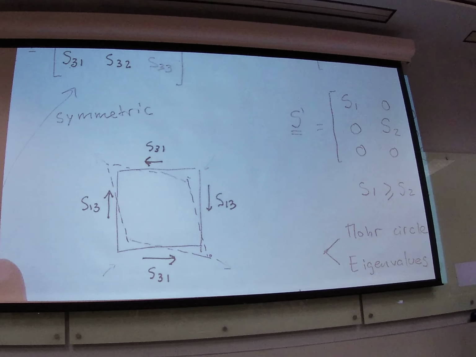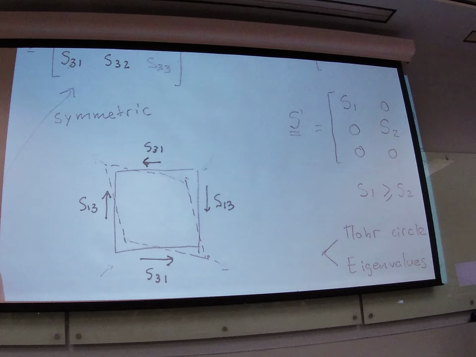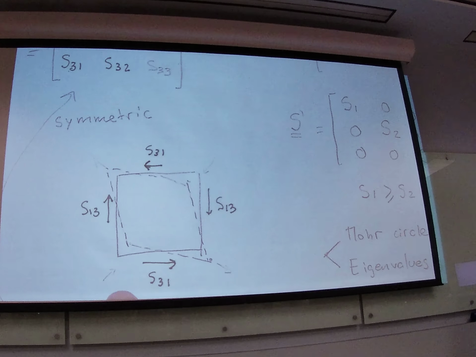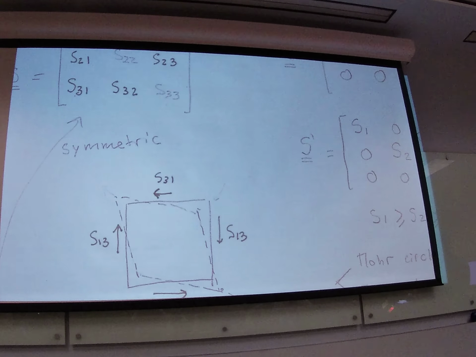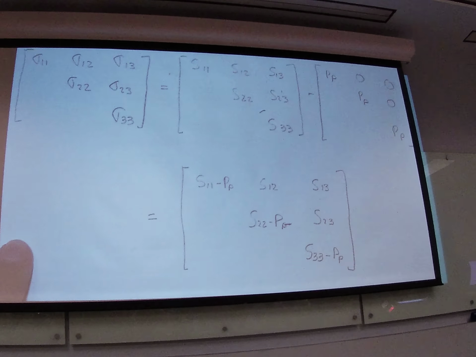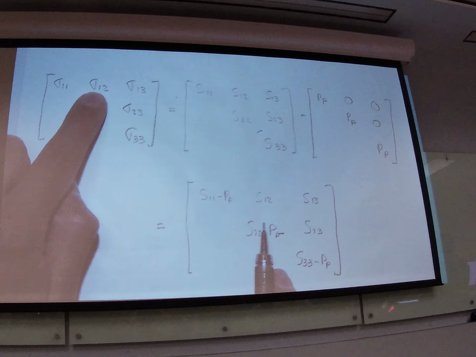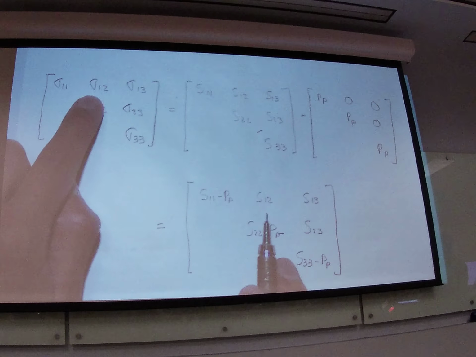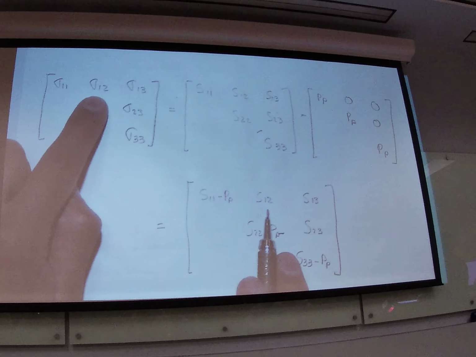Because the pressure is the same in all directions. If it goes very deep, maybe it's going to contract in all directions, but it's not going to distort like that. Pore pressure cannot apply shear stresses. And because pore pressure cannot apply shear stresses, then these terms, sigma 12 is going to be equal to S12. The total shear stress is going to be equal to the effective shear stress.